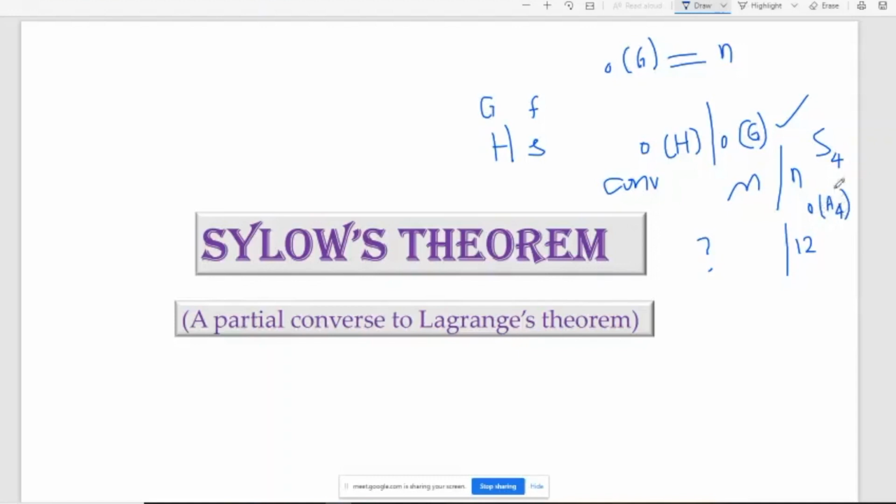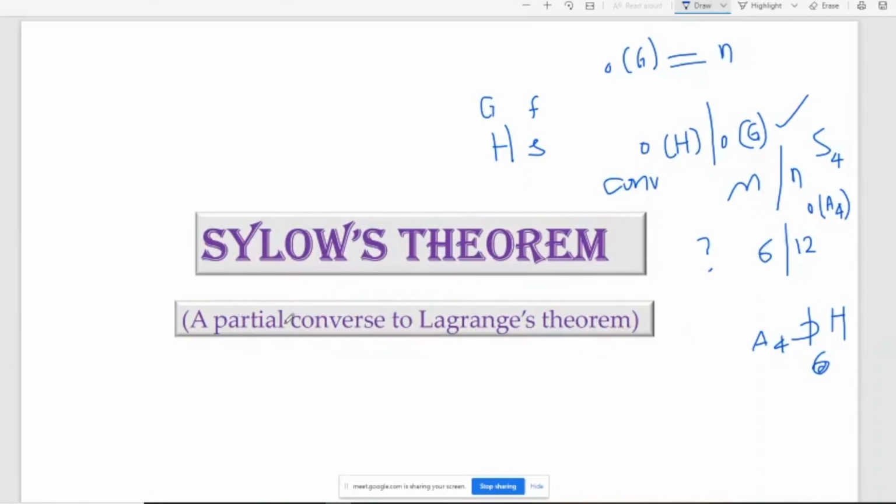In that, A4 is normal, the collection of all even permutations. 6 is a number which divides 12, very obvious, but A4 does not have any subgroup H of order 6. So that means the converse of Lagrange's theorem in general is not true.